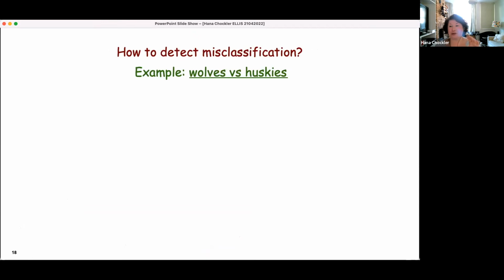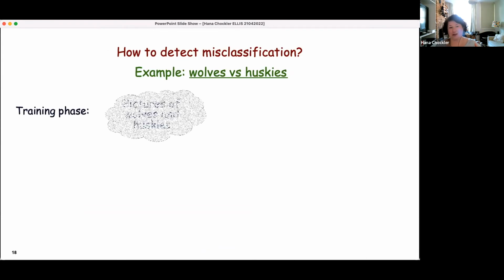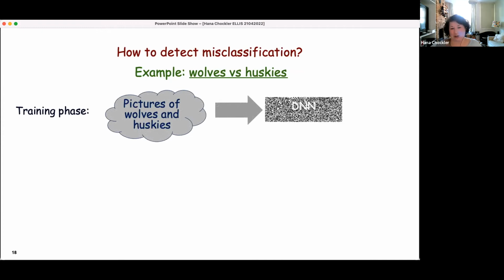I would like to note that it's also very useful for detecting misclassifications. There was a paper a while ago that raised the question of misclassifications of wolves and huskies.